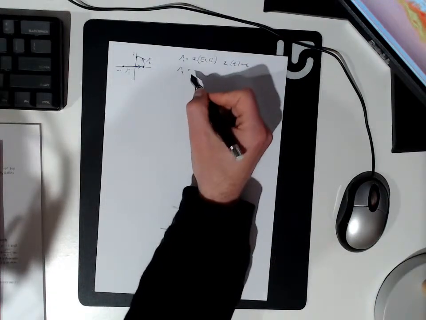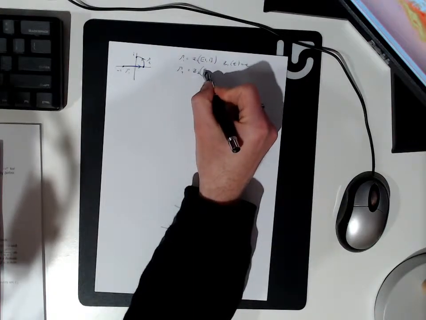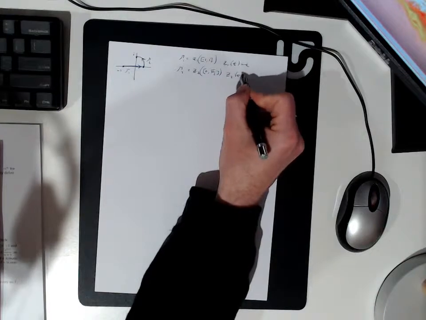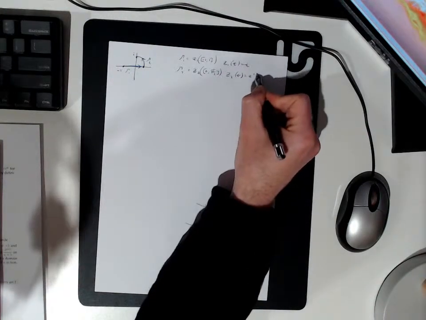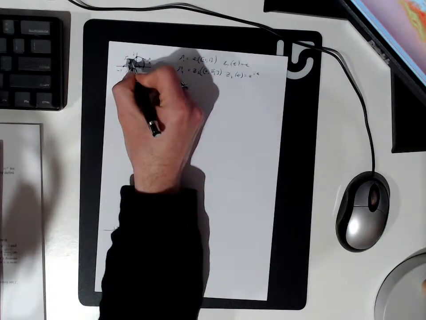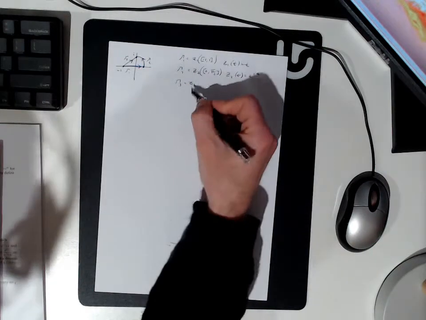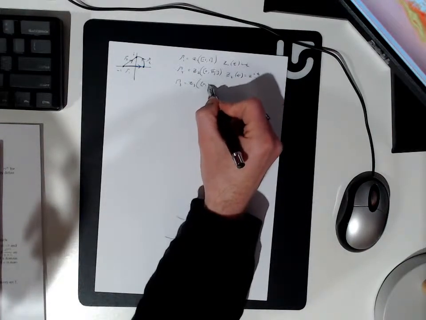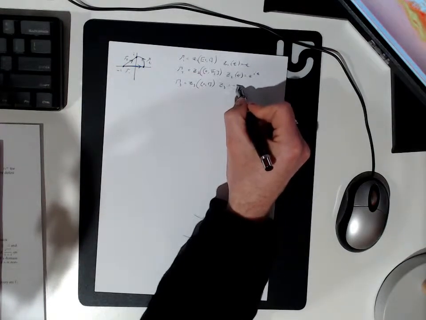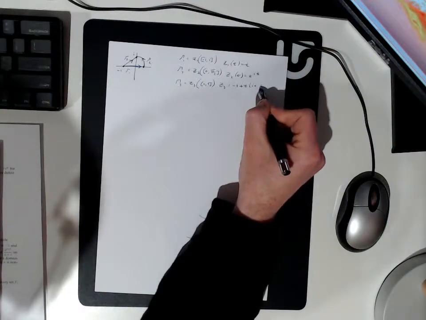So gamma 2 is going to be equal to the image of z2 from 0 to pi over 2, and z2 of t will equal e to the i t. And then I'm going to take this path over here, gamma 3. Gamma 3 is going to be equal to the image of z3 from 0 to 1, and z3 is going to be equal to minus 1 plus t times (i plus 1).